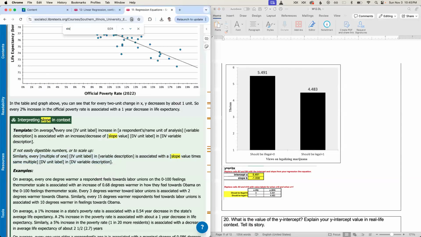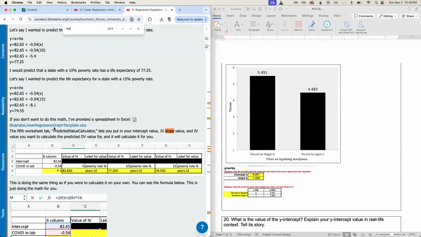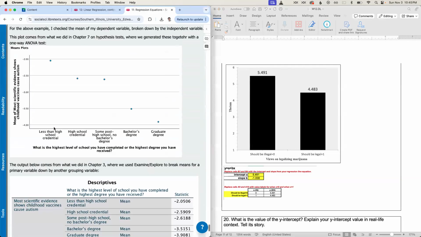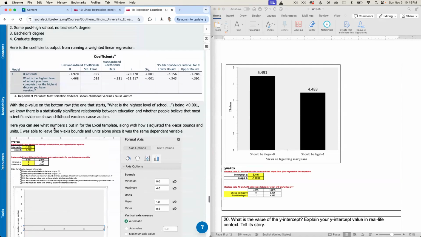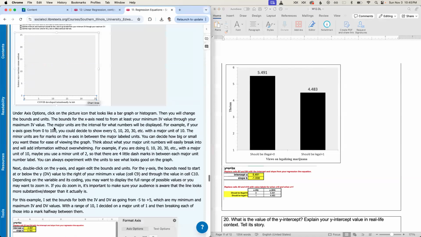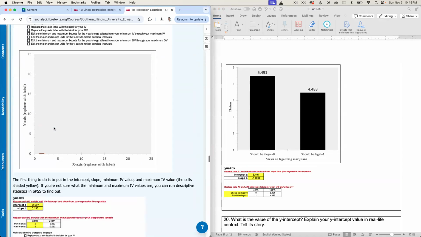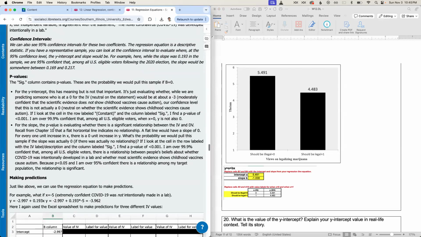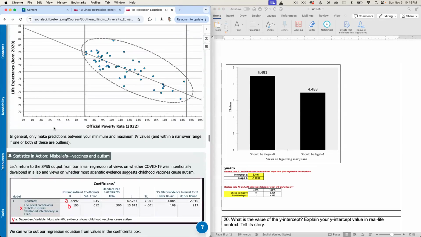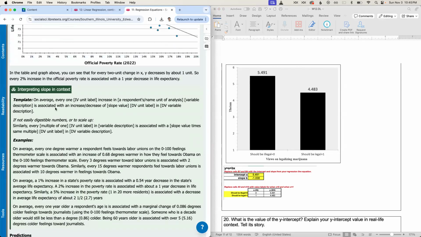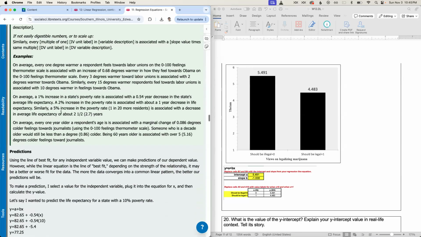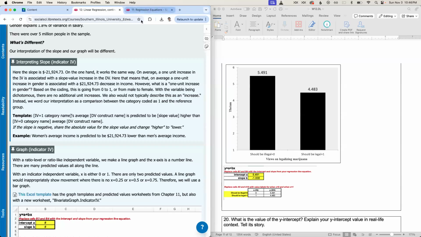Oops, I went way too far down. Okay, I was having trouble finding it because I was in chapter 11.